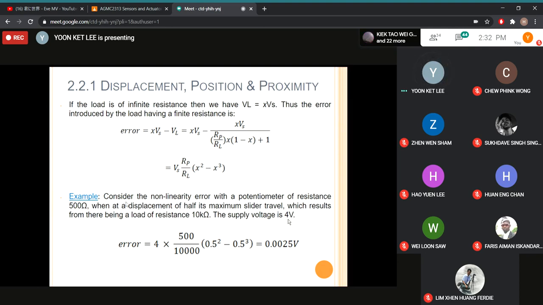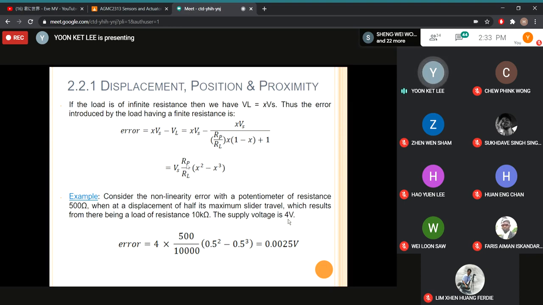Consider the non-linearity error of a potentiometer with a resistance of 500 ohm at a displacement of half the maximum slide travel, which results from a load resistance of 10 kilo ohm, and the supply voltage is 4 volt. So what is your RP?